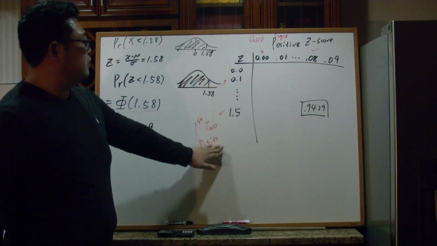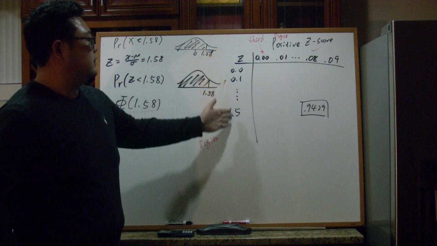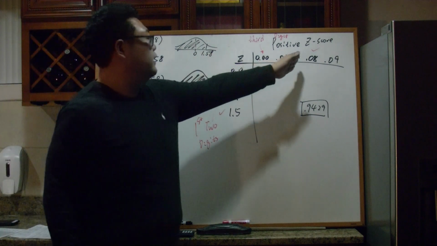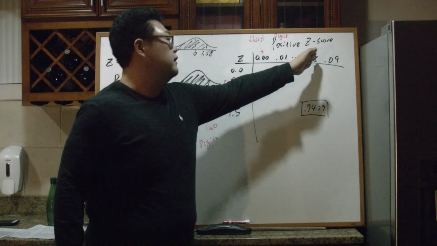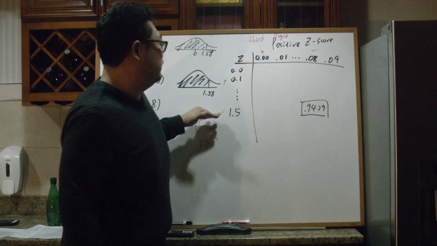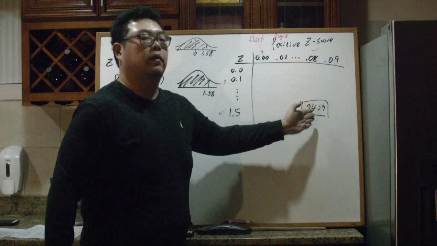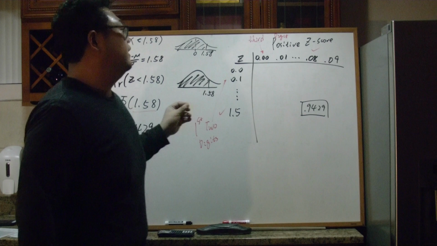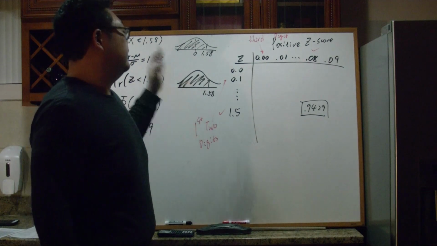So the first two digits of the z-score are found first, 1.5. Then the third digit, or second decimal place, is the other axis, and the intersection is the probability, in other words the table value of 1.58, the probability of being less than that.